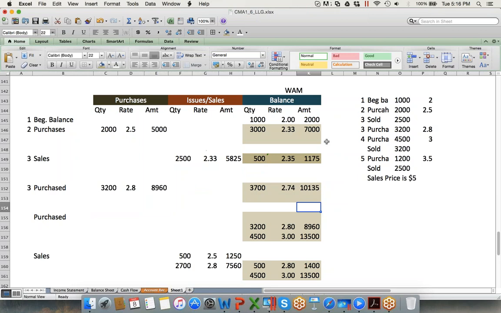Then purchased again on 4th of March, 4,500 at 3. So 4th of March purchased how many units here? 4,500 at $3. So 13,500.